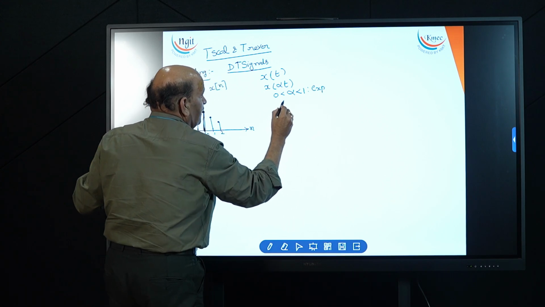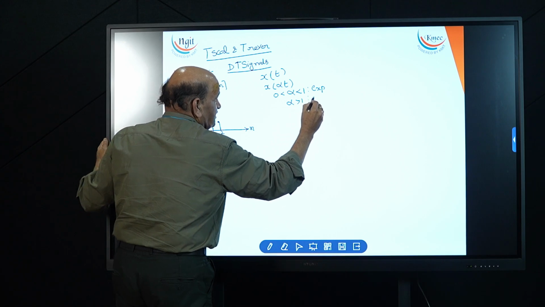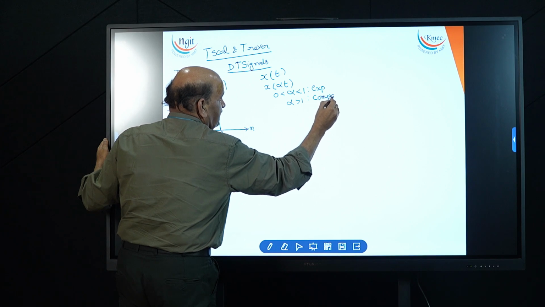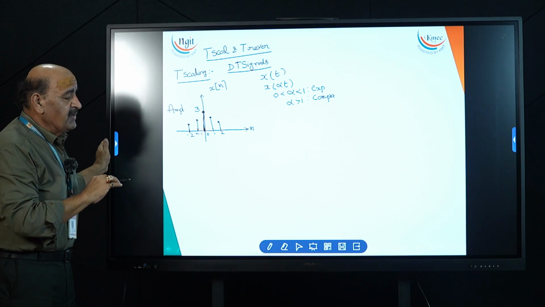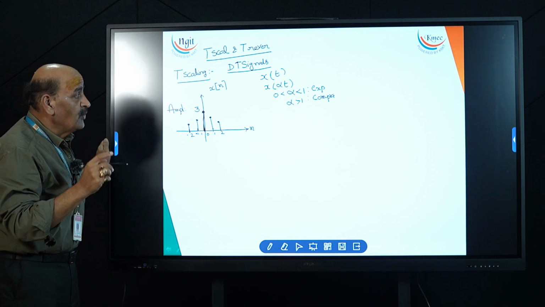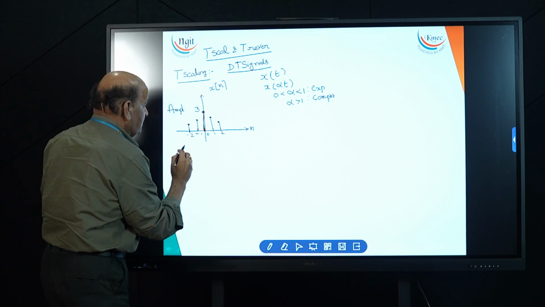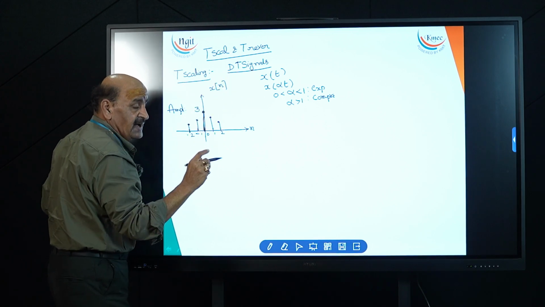If alpha is greater than 1, this will be reduction, that means compression of the signal. The same concept we are also using here. There will be no change in the concepts between continuous as well as discrete. Only the representation will differ between these two.